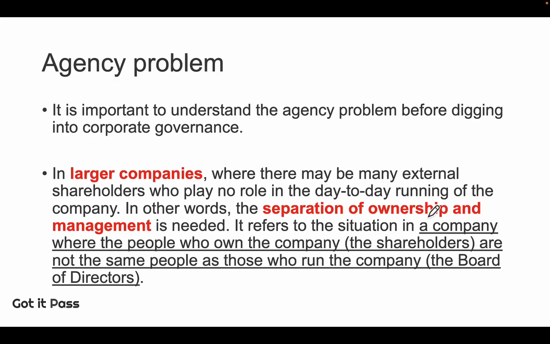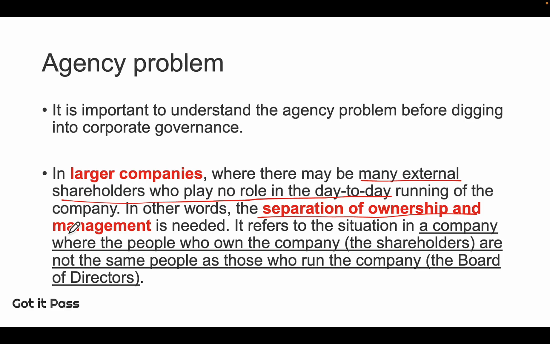In larger companies, there may be many external shareholders who play no role in the day-to-day running of the company. That means many shareholders are small players or minority interests. They play a very small role or even no role in the day-to-day operation. In other words, there's a separation of ownership and management.